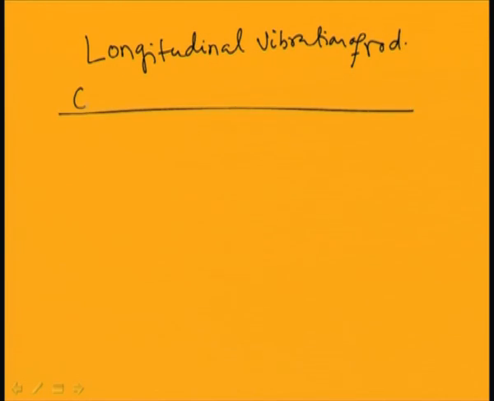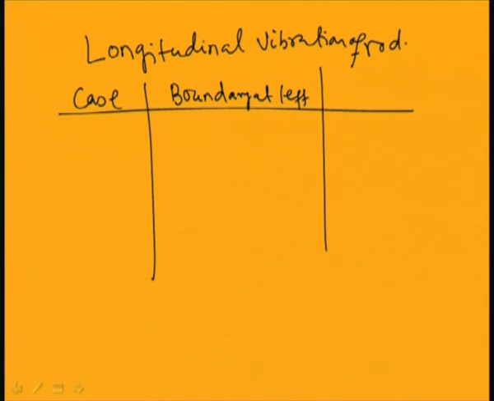So in case of longitudinal vibration of rod, let us see what the boundary conditions are. We will consider different cases: boundary at the left end and boundary at the right.